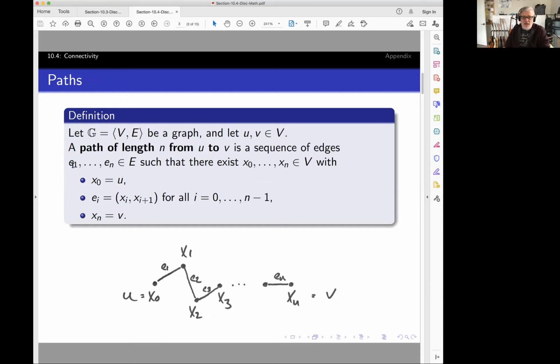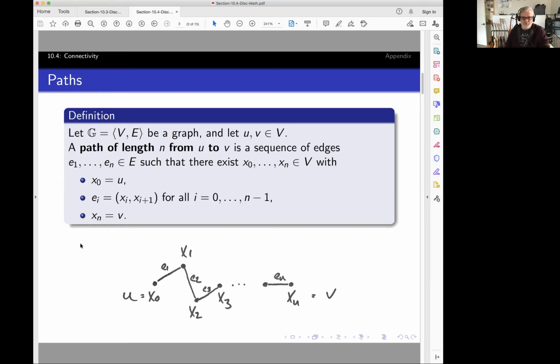Okay, so your n edges are as follows. You have to find vertices. You can see the path as a bunch of vertices or as a bunch of edges, either way. Okay, so you have vertices x0 to xn, where x0, where you start, is u, xn, where you end, is v, and (xi, xi+1) is an edge each time.